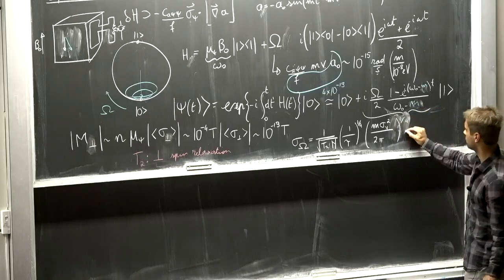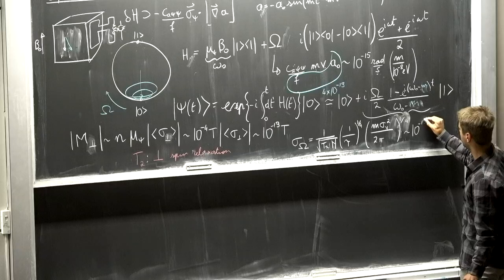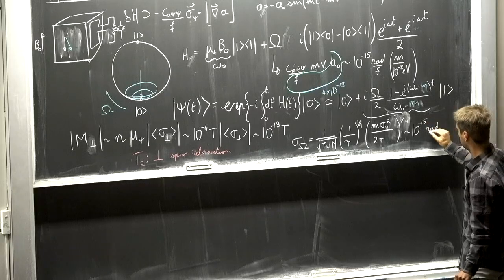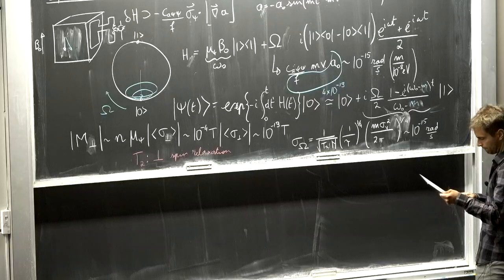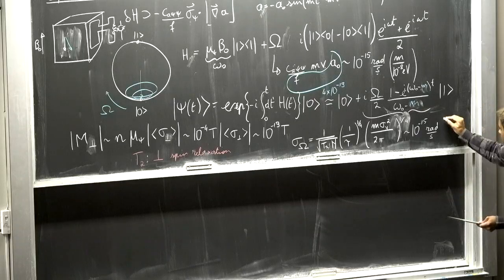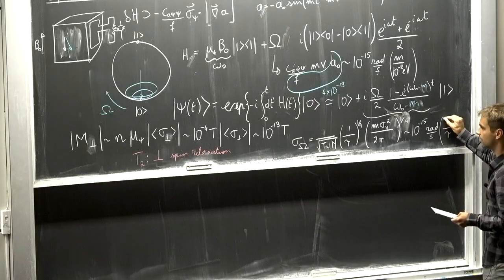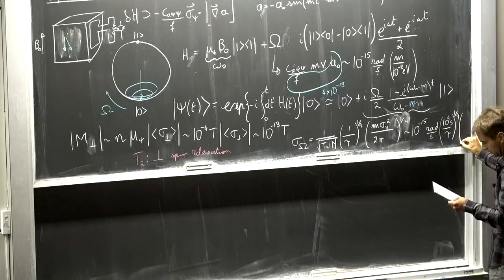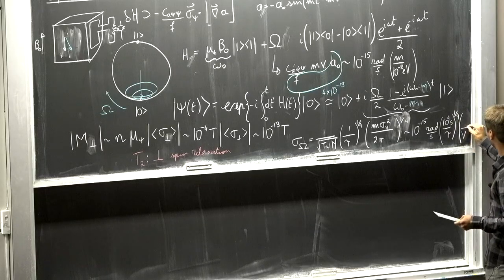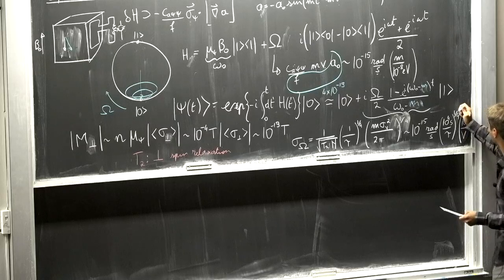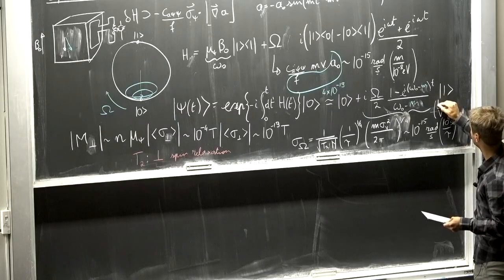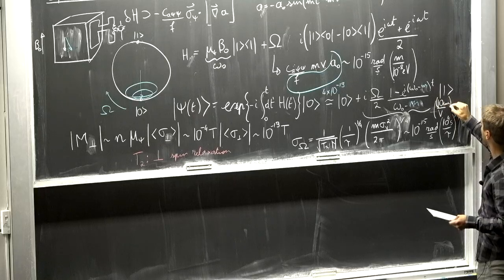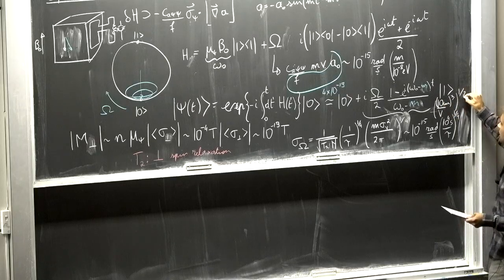This will give you about 10 to the minus 15 radians per second for an integration time of 10 to the 4 seconds, and over a volume of 10 centimeter cubed, to the 1/2 power.